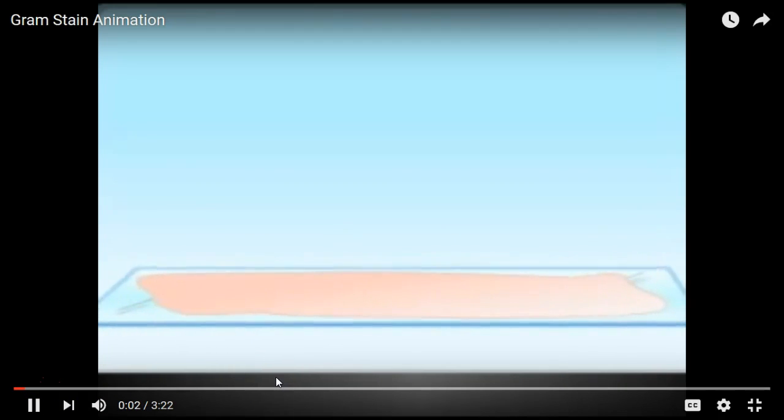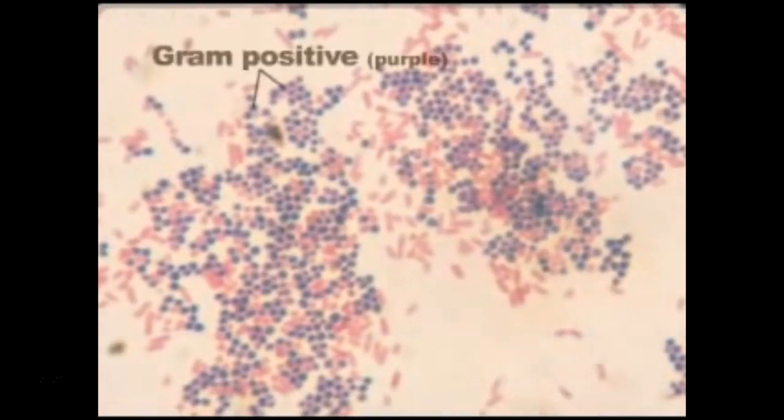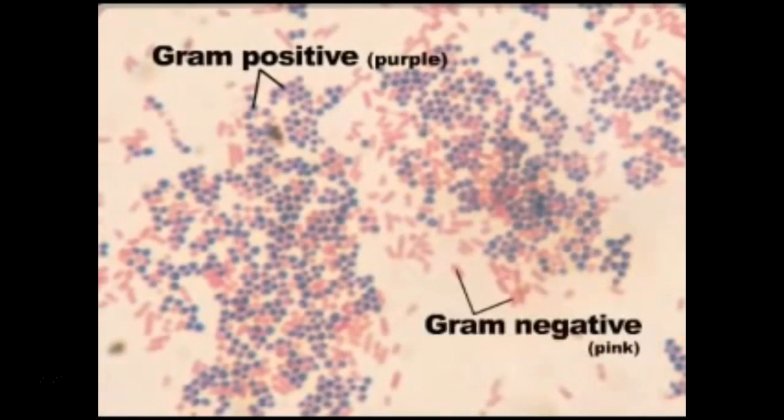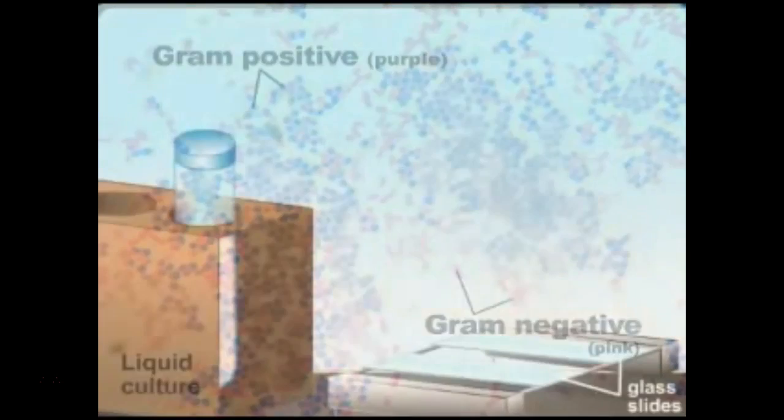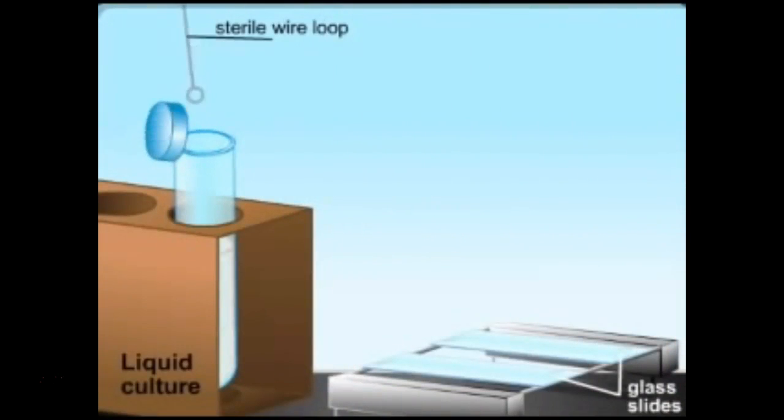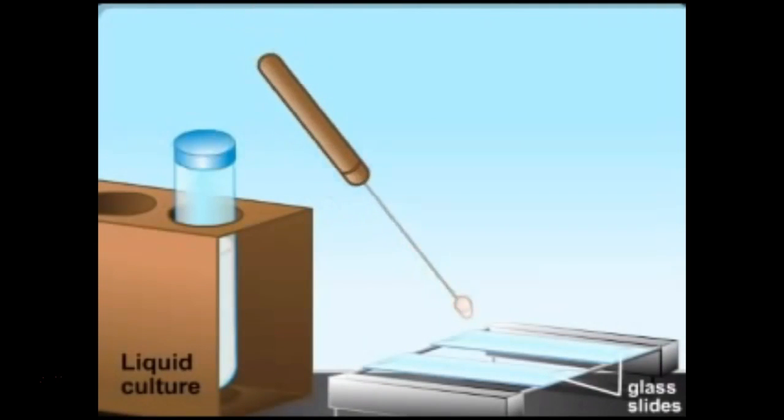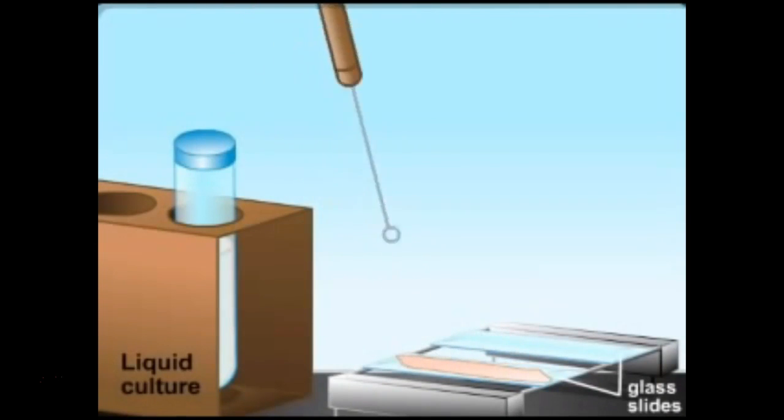The gram stain is the most widely employed staining method in microbiology. It is a differential stain because it divides bacteria into two classes, gram-positive and gram-negative. In the first step of the gram stain procedure, cells from a fresh culture are transferred to a clean slide and allowed to dry.